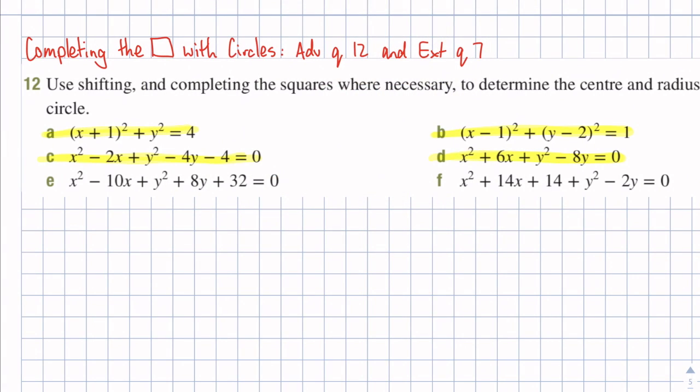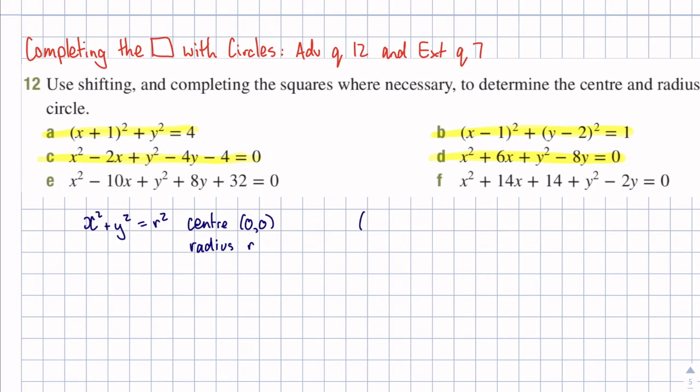Okay, so now we're going to find the center and radius of each of these circles. I'd like to remind you that our normal formula, x squared plus y squared equals r squared, has a center at 0, 0 and a radius r.